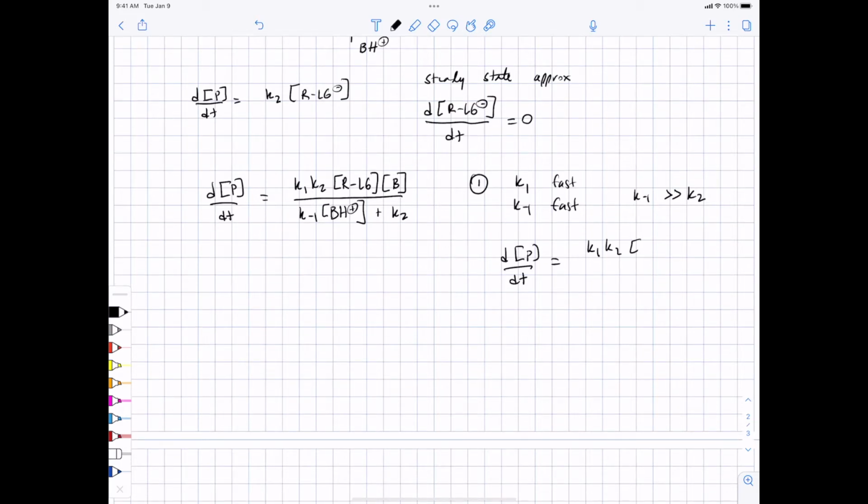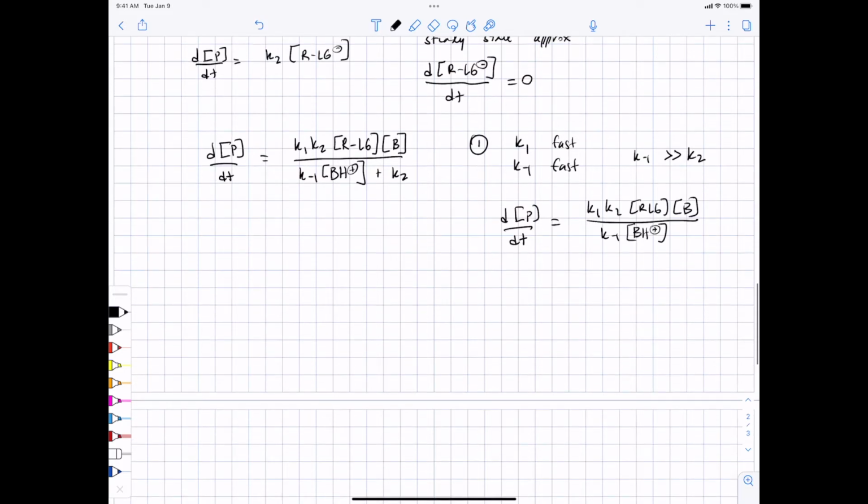K1, K2, RLG, B, over K minus 1, BH+. And that looks complicated, but actually you've got K1 and K minus 1 there. Let's see, we got a plus.